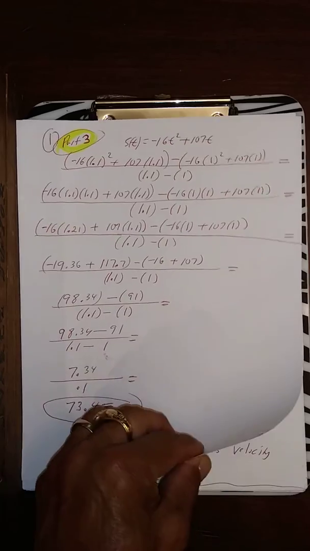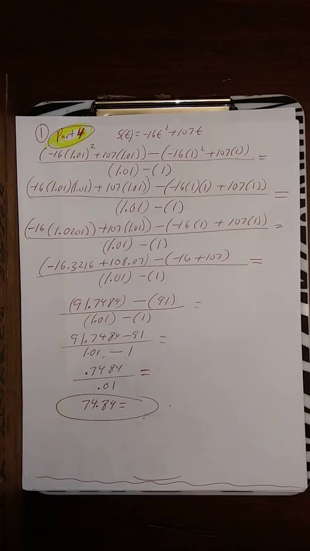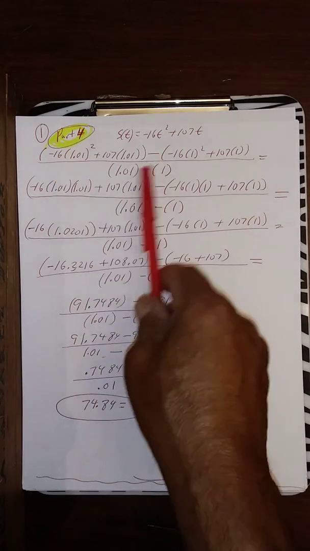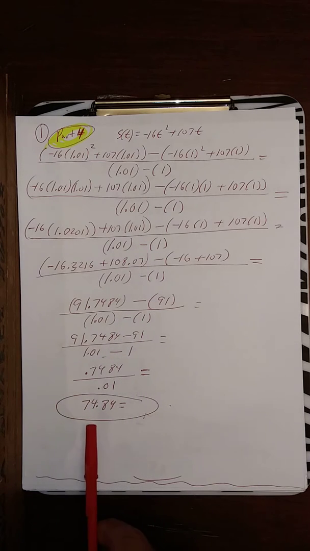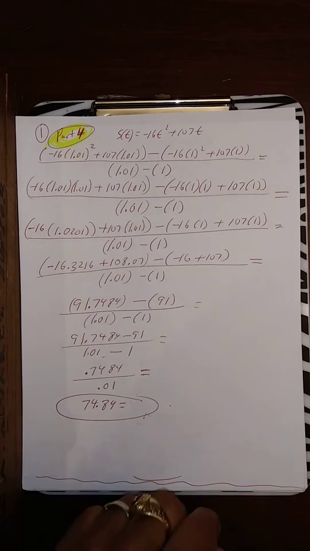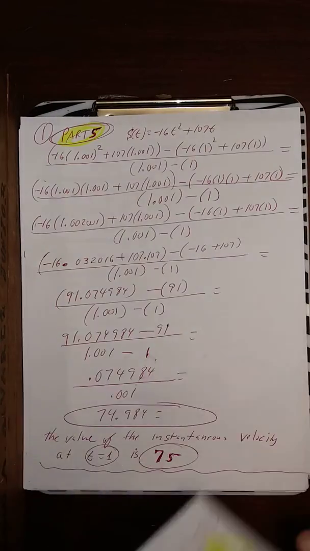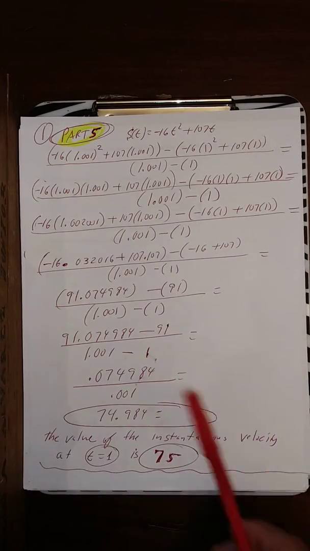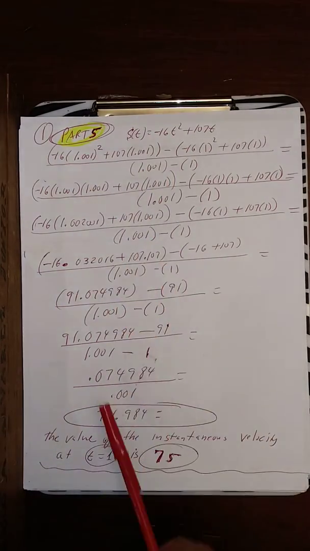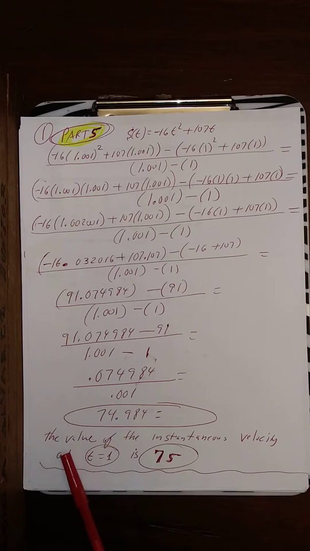And the next one, put it in there again, a long way, I ended up with 74.84. It's getting closer and closer to something. And that something, let's see, last one, pretty close to 74.984. So the value of the instantaneous velocity at t equals 1 must be 75. That's my conjecture anyway.